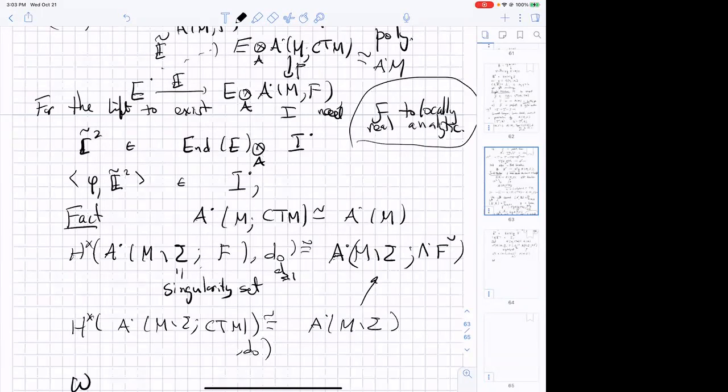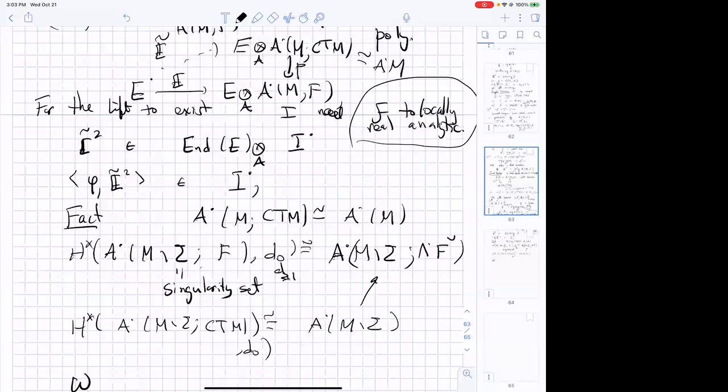But it does have some properties with respect to the complex. And as I said, in order to do that lifting, I need an extra hypothesis. In addition to perfection, I need to require at least F is locally real analytic.